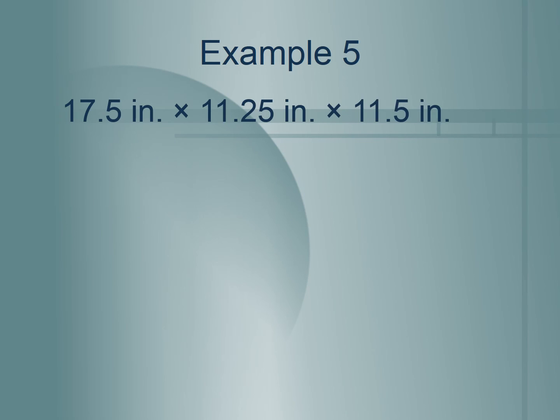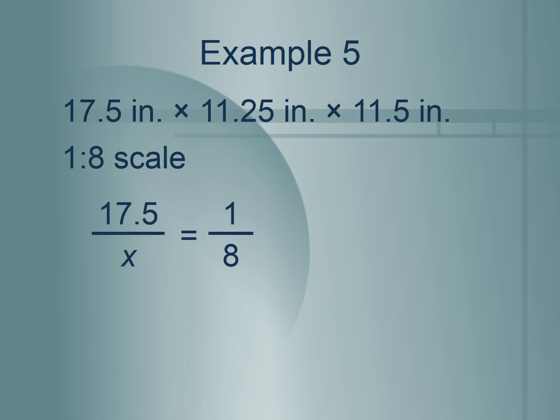So for example, let's say we have 17.5 by 11.25 by 11.5. And we know that it's a scale of 1 to 8. We can calculate the actual dimensions by using our scale. Our scale is 1 to 8.